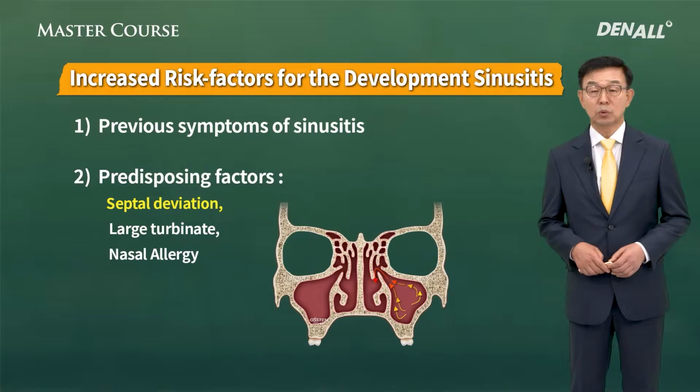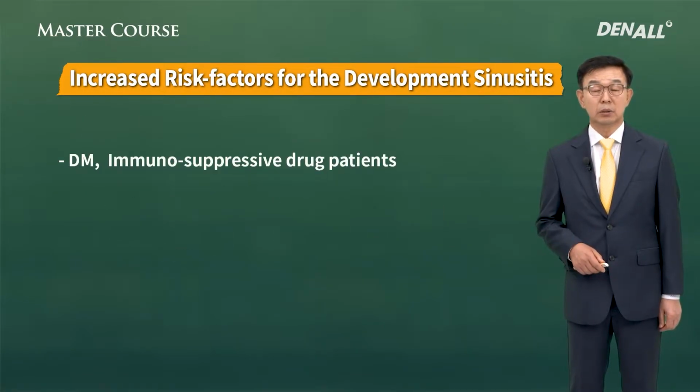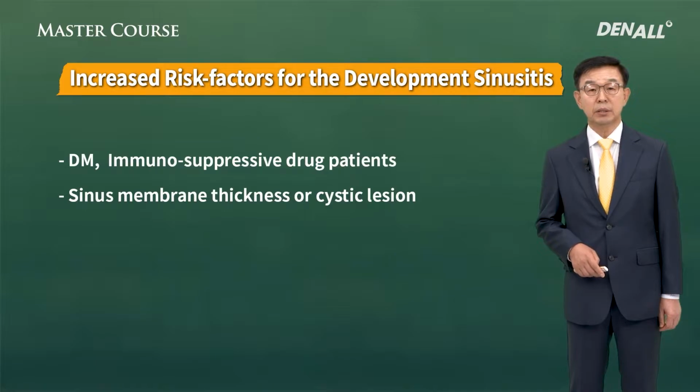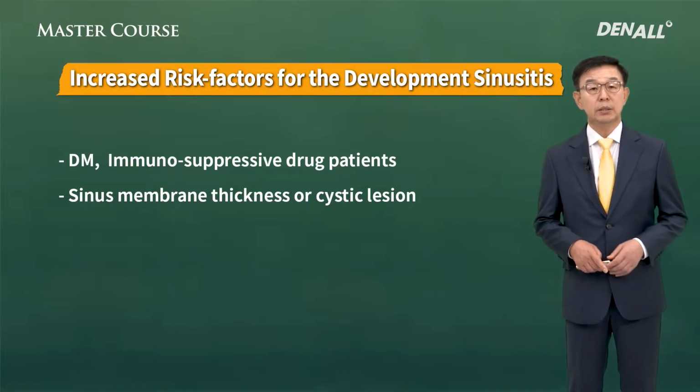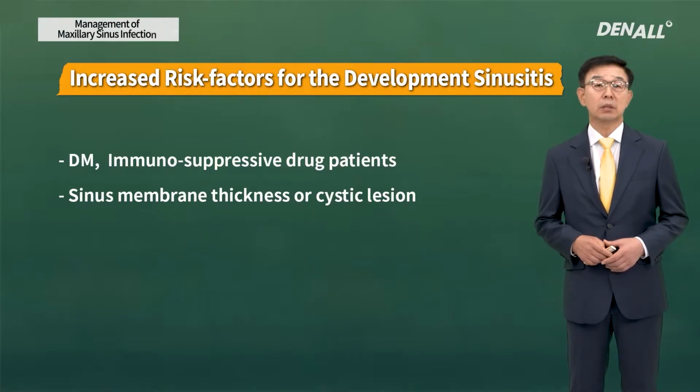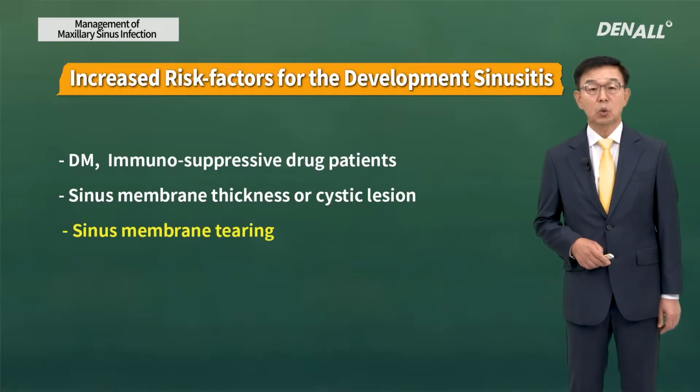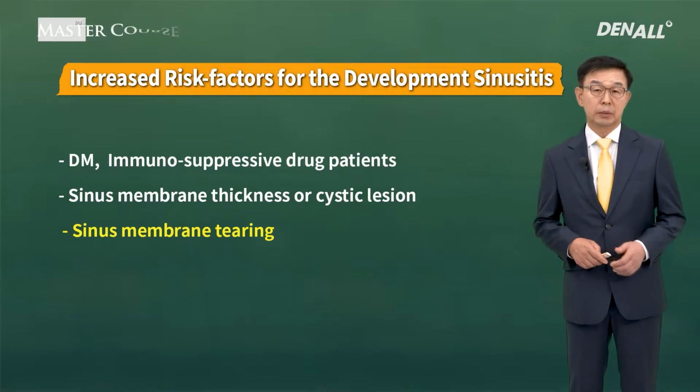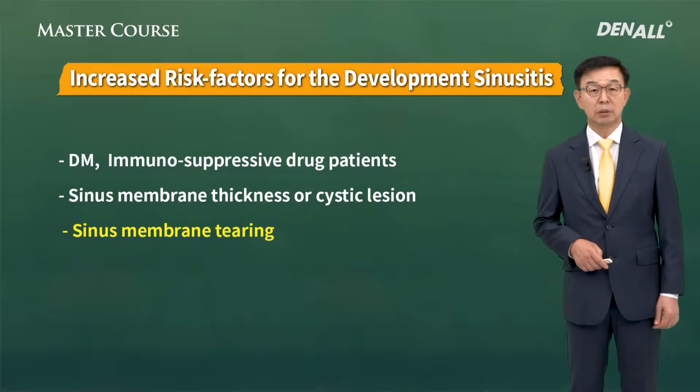If the patient has diabetes or has weak immune system, the sinus membrane may not work properly due to sinus membrane thickening or large cystic lesion leading to sinusitis after surgery. In the case of sinus membrane tearing, sinusitis can occur more frequently, therefore we need to pay more attention.